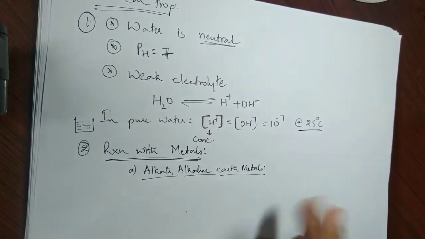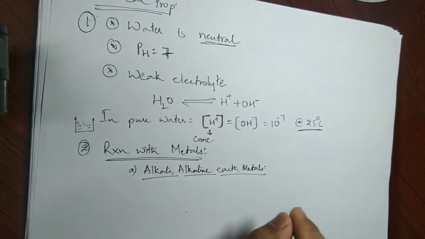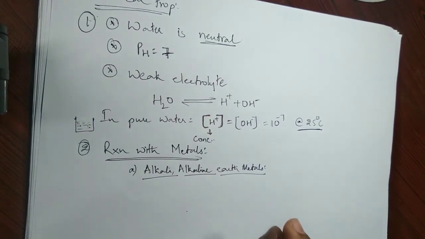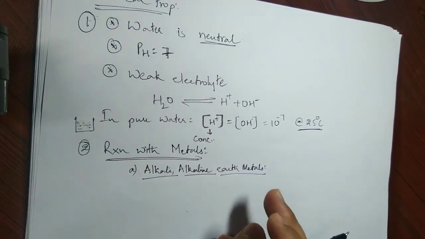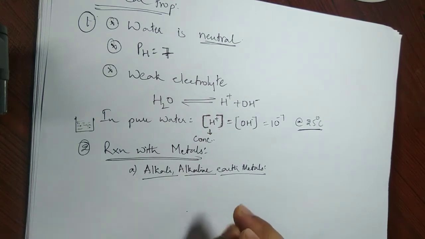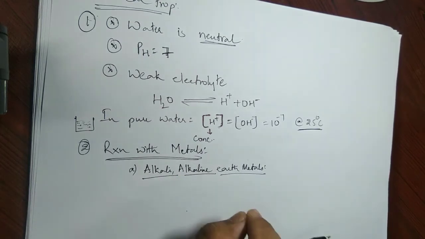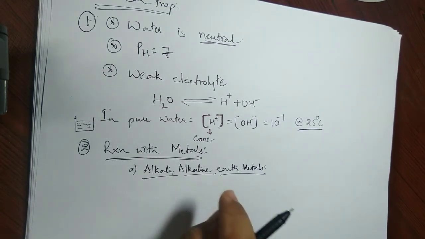Alkali or alkaline earth metals, both of them react with water. Okay, both of them react with water to form respective hydroxides. I think you all know about the base. Okay, respective hydroxides. In fact I should say they both form alkalis.